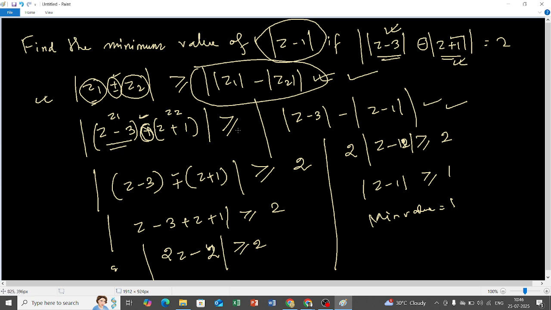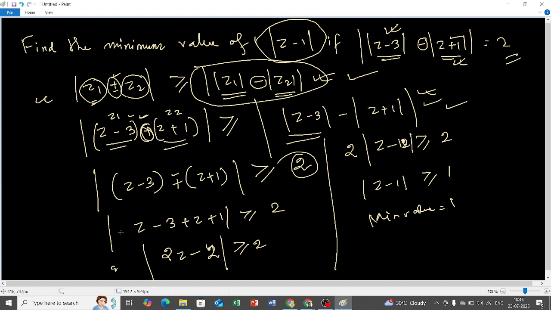Now, when I'm using plus, what is this becoming? Greater than equals to mod of mod z1 minus mod of mod z2. So what is z1? z minus 3 over here. And this minus is always fixed, sorry, this will be plus. What is z2 over here? z plus 1. Now mod of mod z minus 3 plus mod z plus 1 is greater than equals to, what is this value? 2, because it is given clearly.